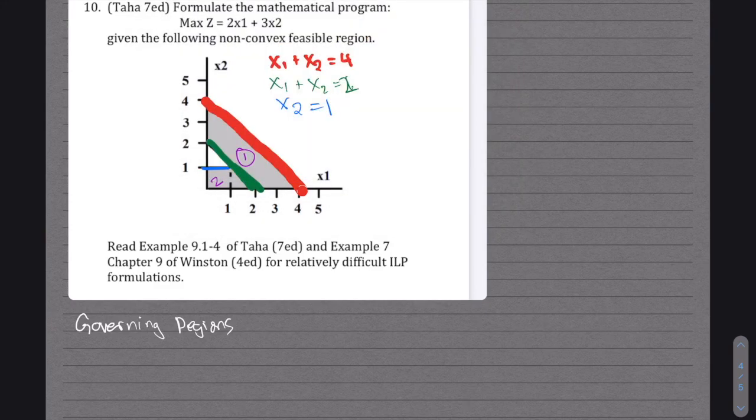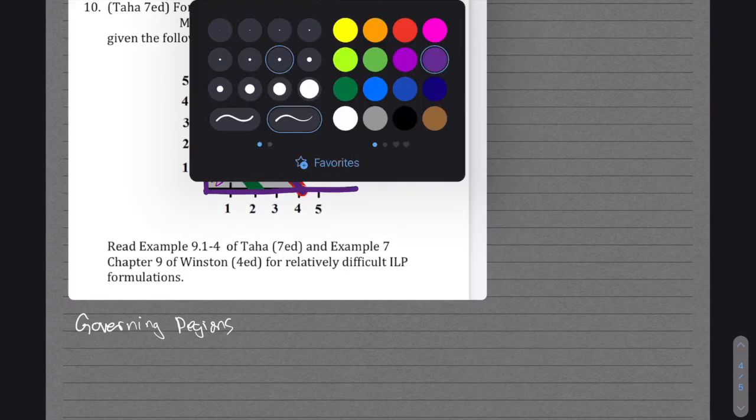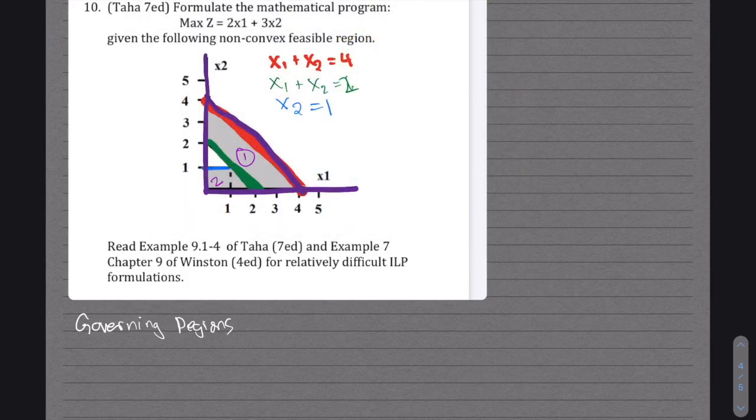It's your x2 is greater than or equal to 0 constraint, x1 is greater than or equal to 0 constraint, and x1 plus x2 is less than or equal to 4. It's governing because no matter where your optimal point will fall, it will follow those constraints. So let's write down your governing constraints.